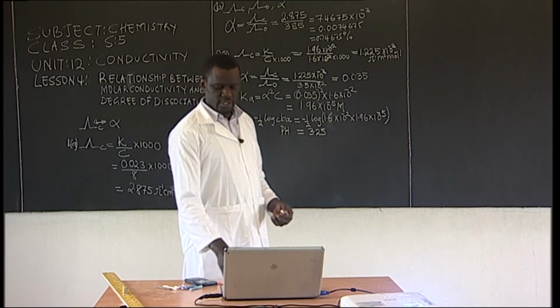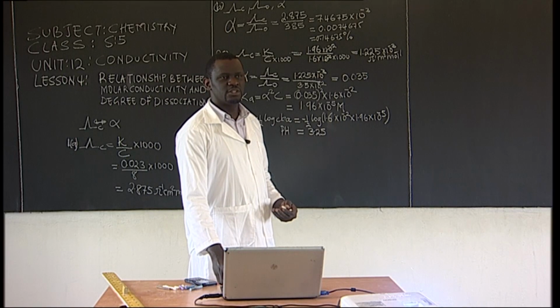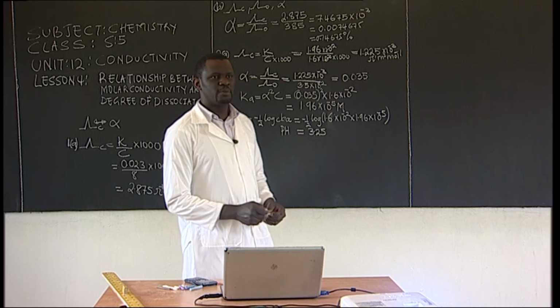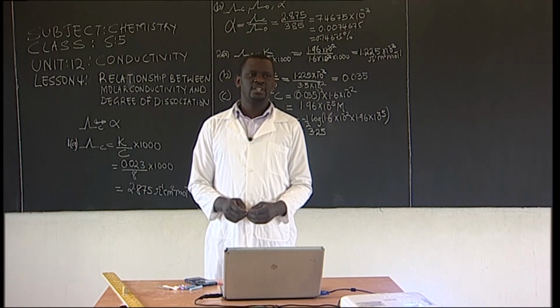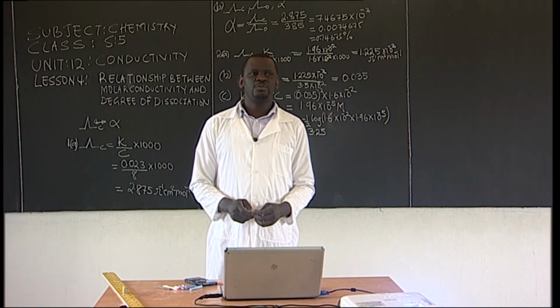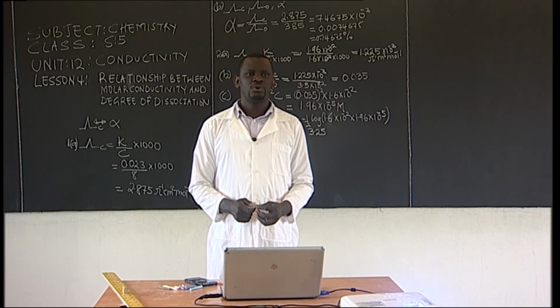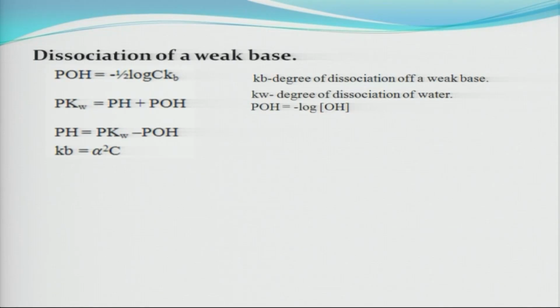So let's go and talk about the dissociation of a weak base. Weak bases dissociate differently. Instead of using pH, they use pOH. Why? Because of the definition of bases. We have 3 definitions of bases.